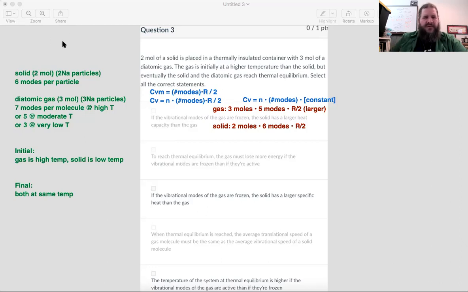Well, let's take a look at this in terms of conservation of energy. We know that we've got the change in thermal energy of the gas plus the change in thermal energy of the solid. This is a closed system, so those should add up to 0. And you can always write delta E thermal as heat capacity times delta temperature.